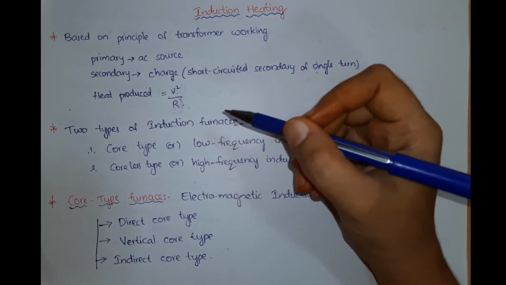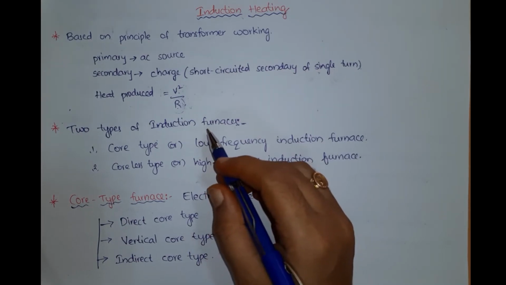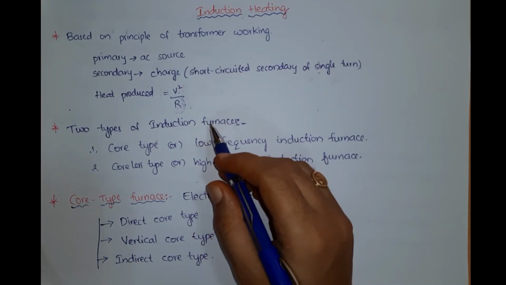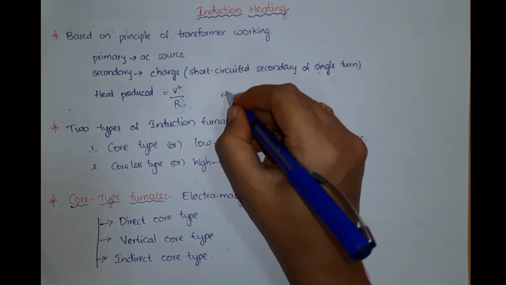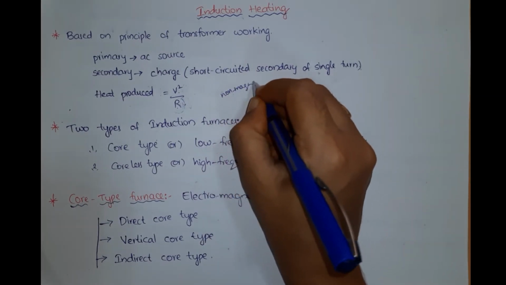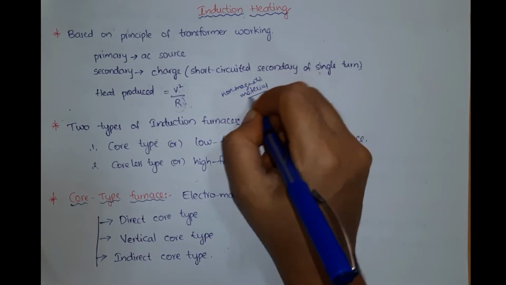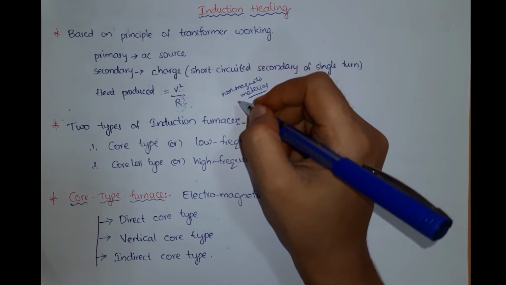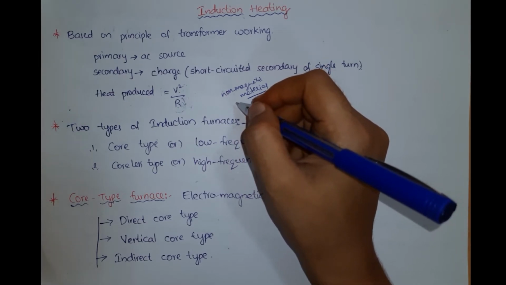Here is a case to be noted: what happens when the charge to be heated is a non-magnetic material, right? If you observe for a non-magnetic material, heat is generated due to eddy current losses, right?